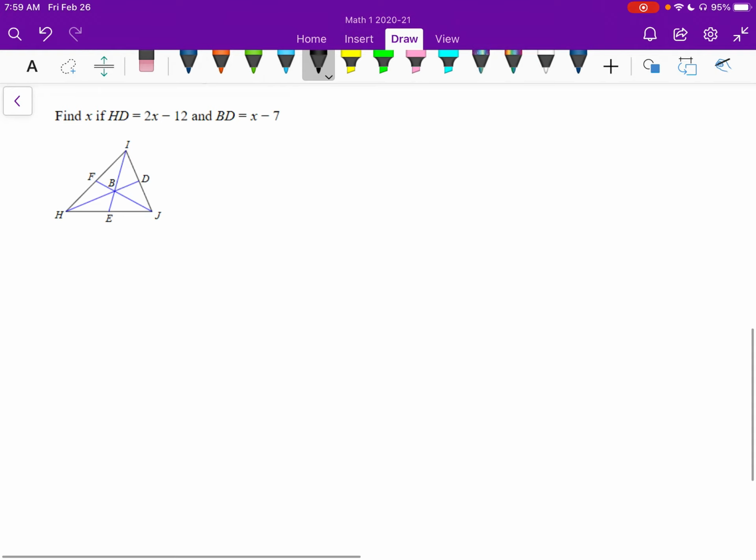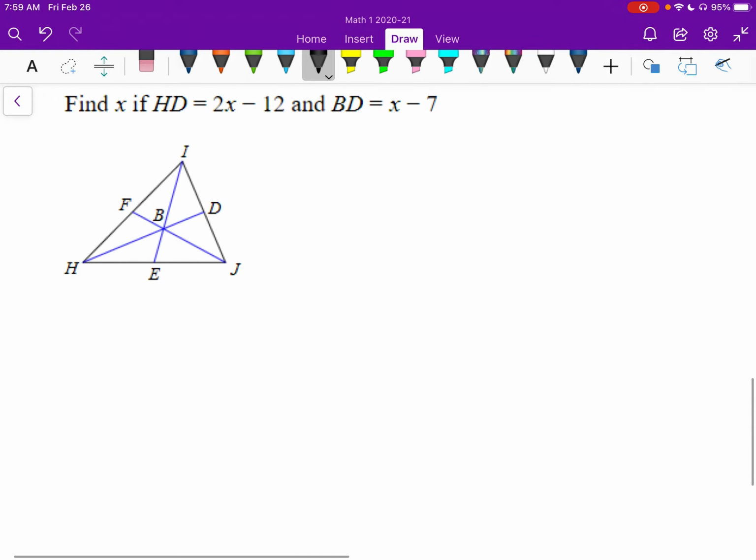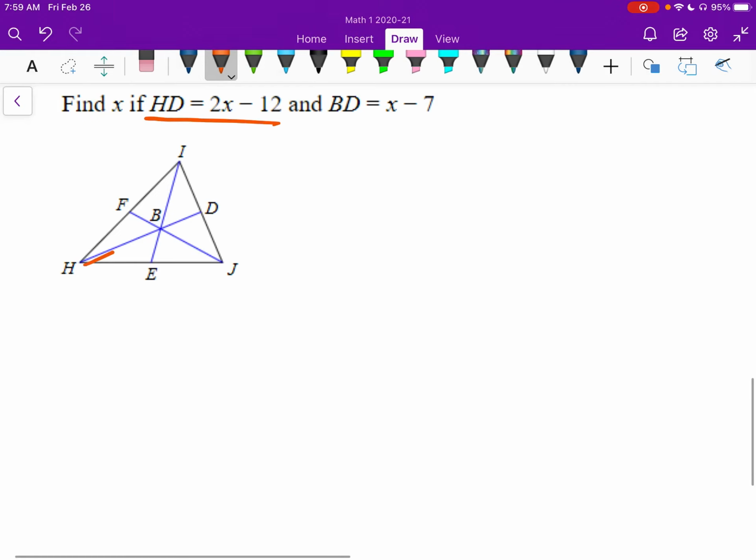All right, moving on. Find x if HD, well, that's the whole thing, is 2x minus 12, and BD is that piece there. So HD, how many A's does it span?